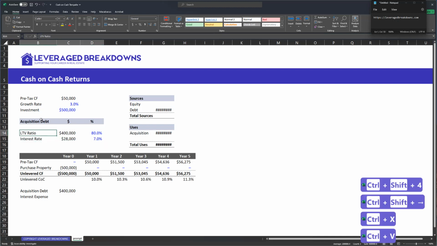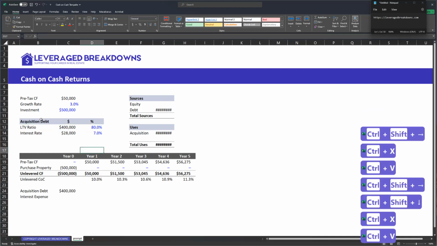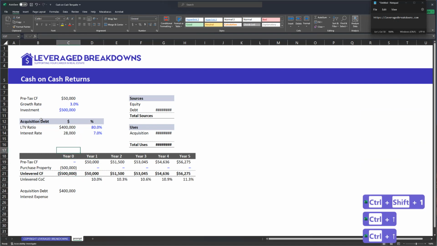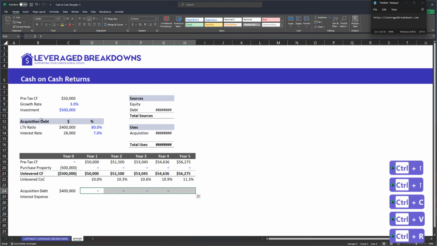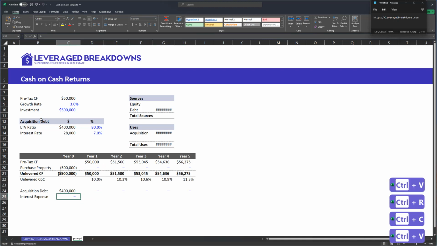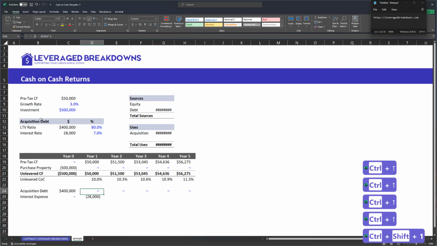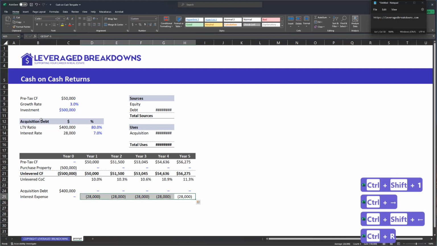Let's put interest under LTV. Kill the dollar sign since that's a secondary thing. Take these zeros, drag them out because that's 0. No interest in year 0. And then there's more nuanced ways to do this, but just dropping in a direct link there with F4 works.